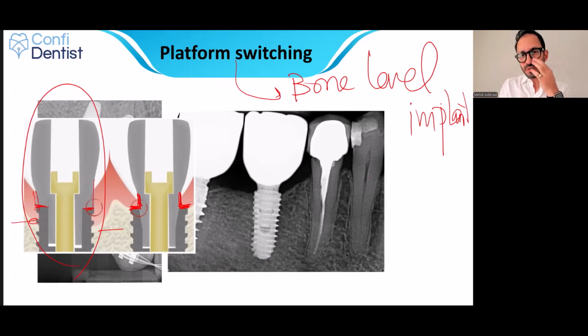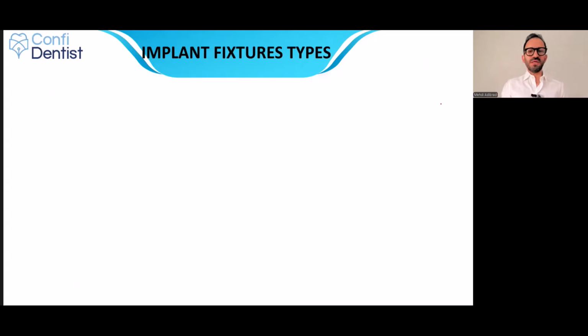So that is actually a good help, because right now, as I said, more than 80% of the bone level implants in the market have platform switching. It's very trendy these days. Okay. Implants with more aggressive threads and with platform switching.